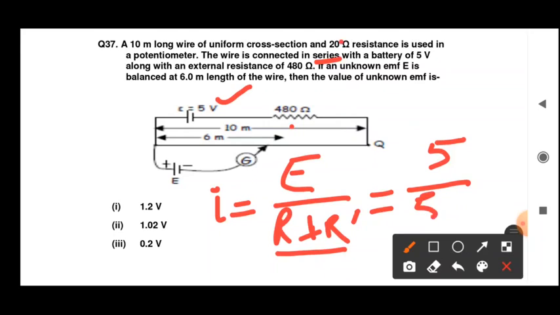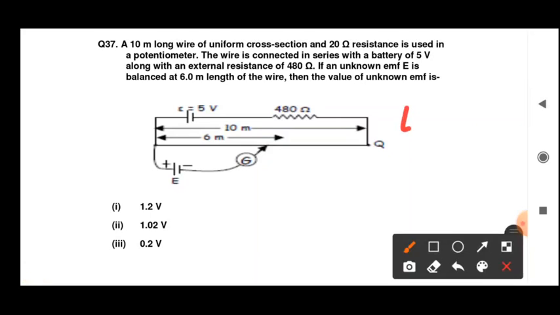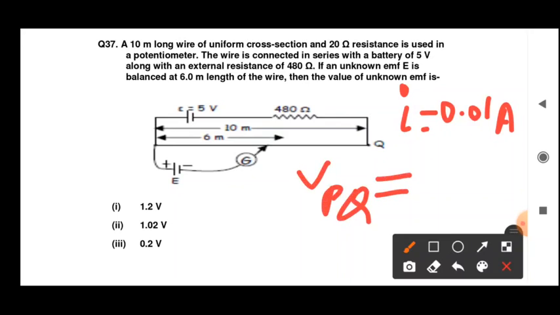So here 5 upon 500. So finally we can calculate I. I will have the value equal to 0.01 ampere. Now we can calculate the potential across PQ, the wire that we have chosen. What will be the potential? It will be equal to I into RPQ.